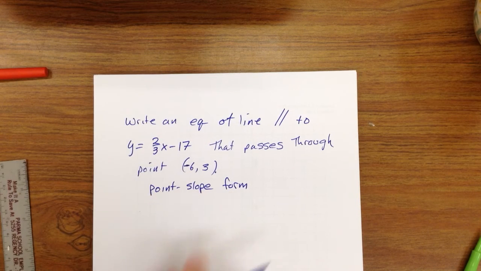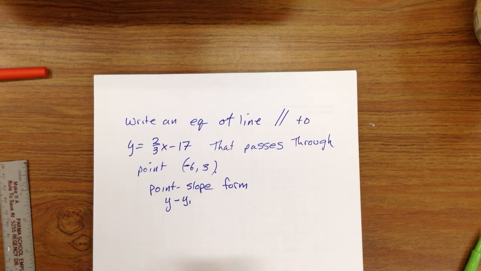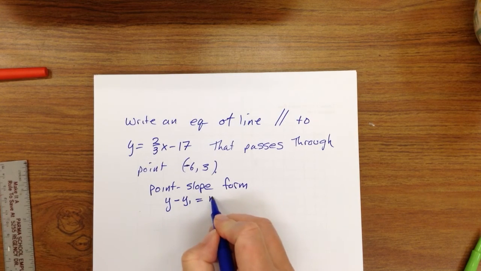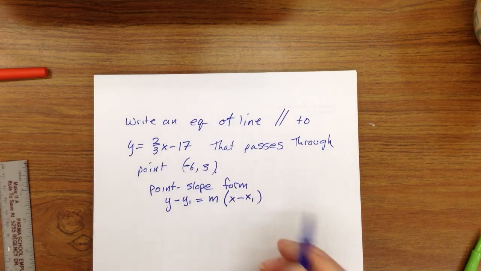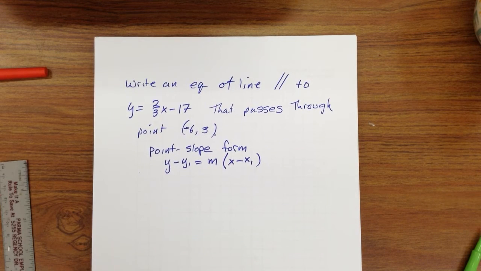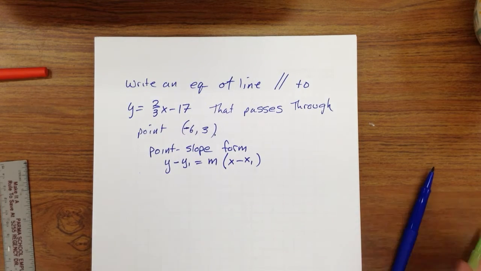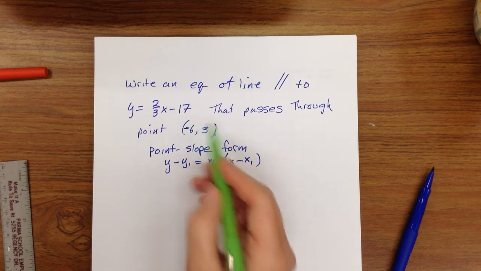Any kind you want. Point-slope form. Let's take a look at it again. y minus the y coordinate of a point equals m the slope times x minus the x coordinate of the point. All I need is a point and a slope. Well, okay, because look what we have. Here's a point on the line I'm looking for.